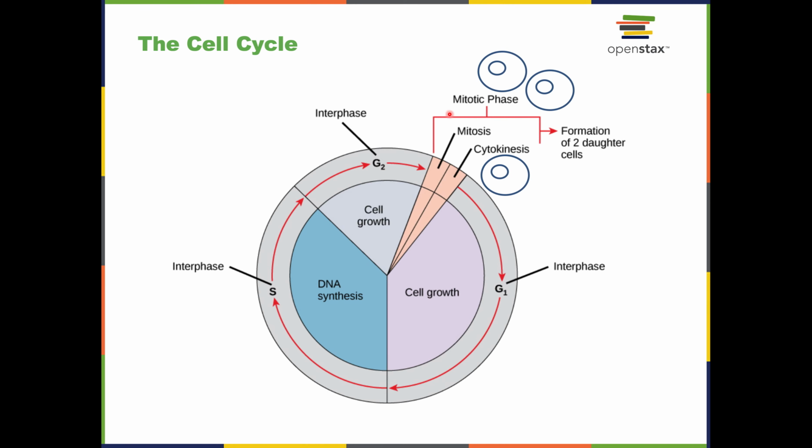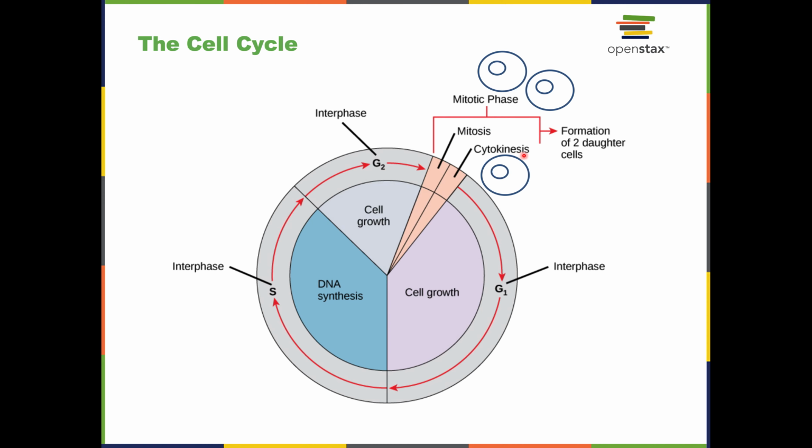And the mitotic phase has two stages within itself. First is mitosis. Mitosis is a stage at which the cell divides the duplicated genetic material into half and sends them to the two opposite ends of the cell. So mitosis is nuclear division.